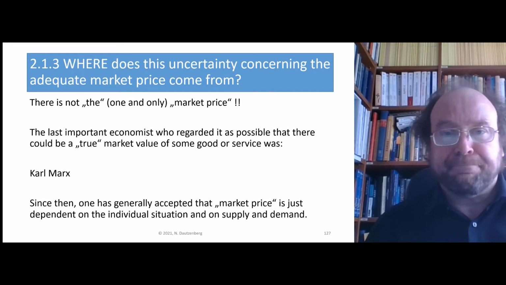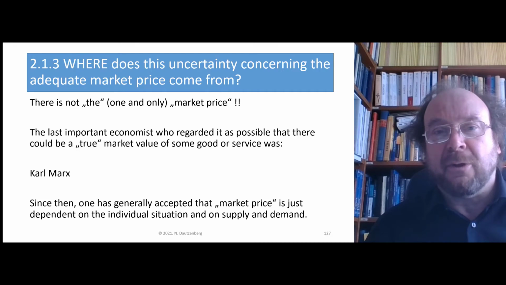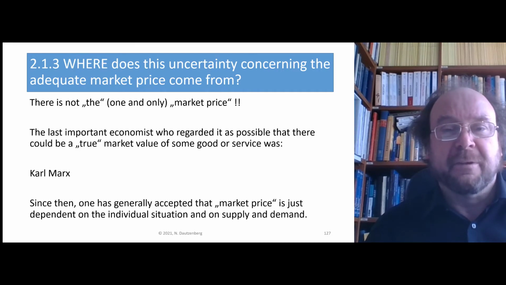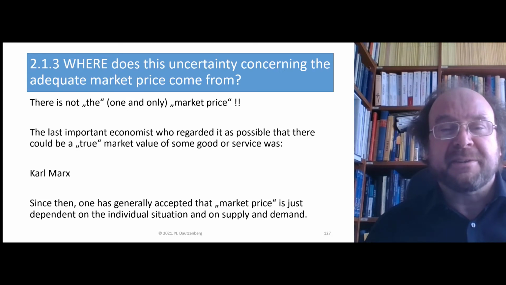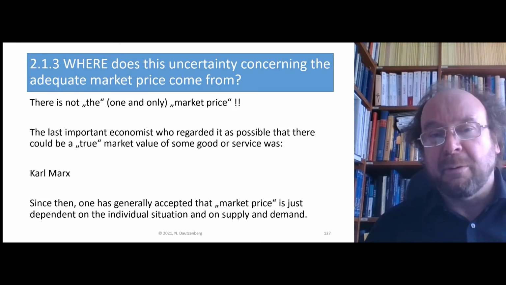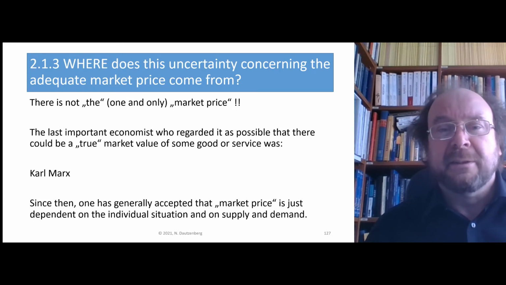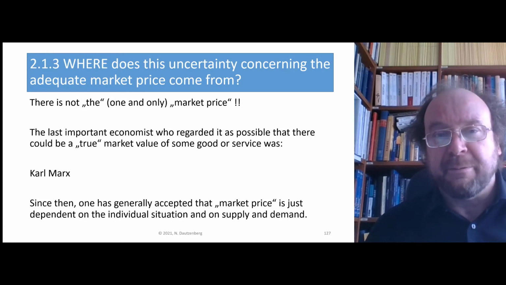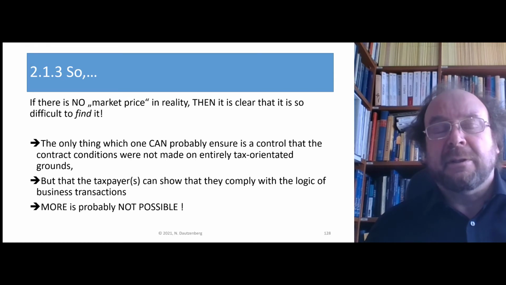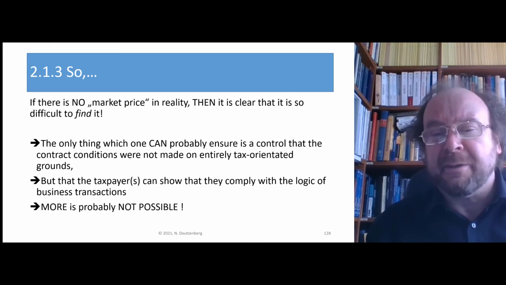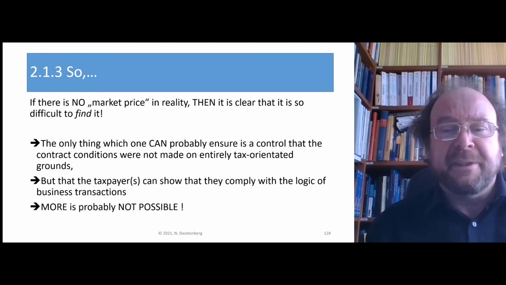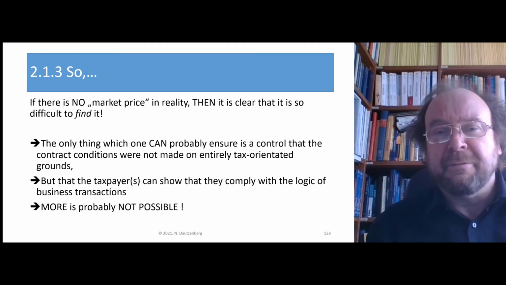So it's a very subjective and arbitrary process. There are certain limits, an upper price limit and a lower price limit, but also that already depends on the personal circumstances of the people involved and the alternatives and so on. So there is no real market price, and that makes it clear why it is so heavily difficult to find it.